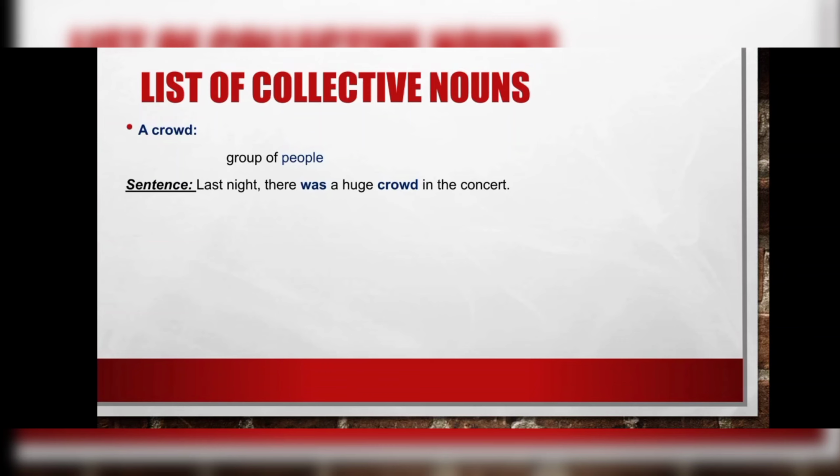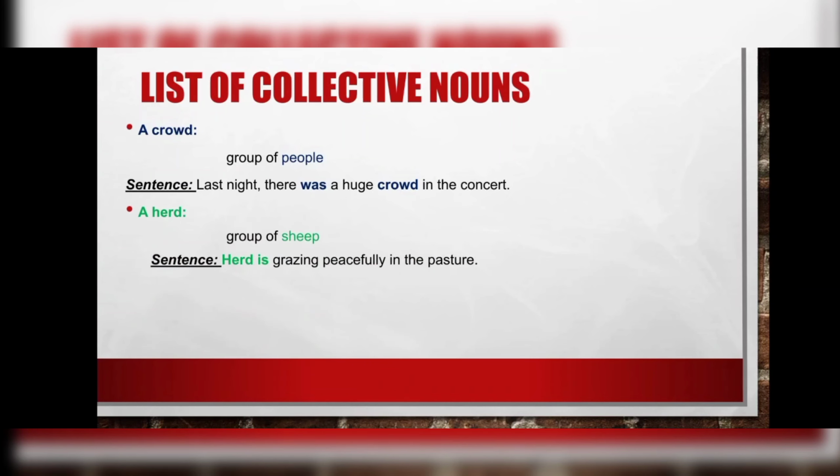Example sentence: last night there was a huge crowd at the concert. Instead of saying there were a great number of people at the concert, you are simply saying a crowd. So crowd is also a collective noun. It is taken as a singular entity, so here we have used the singular helping verb was.